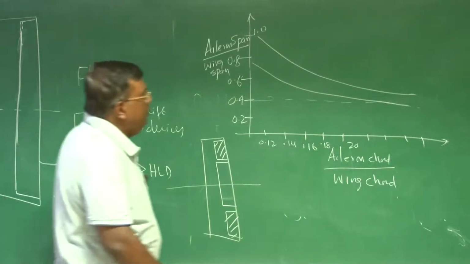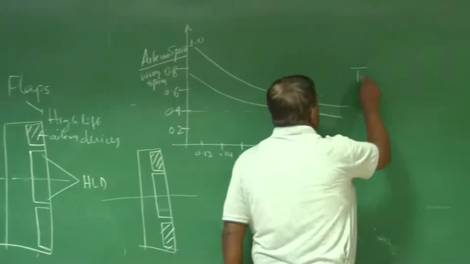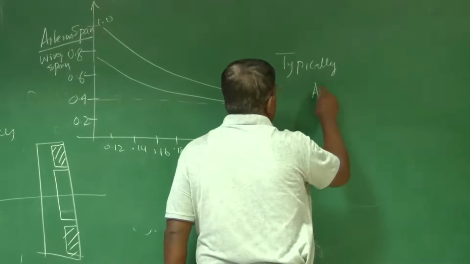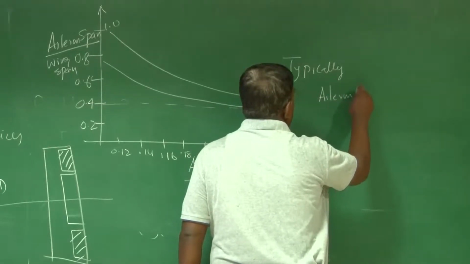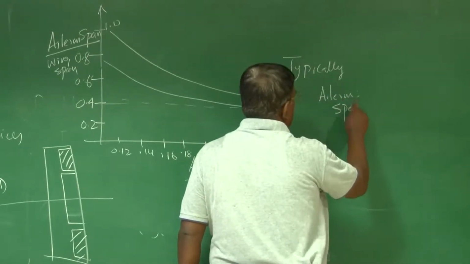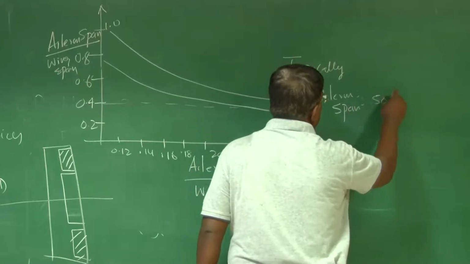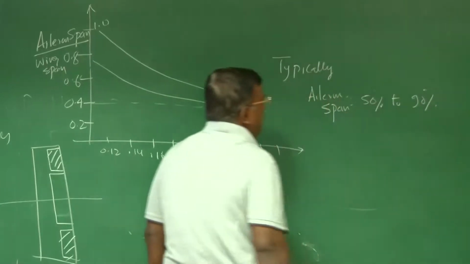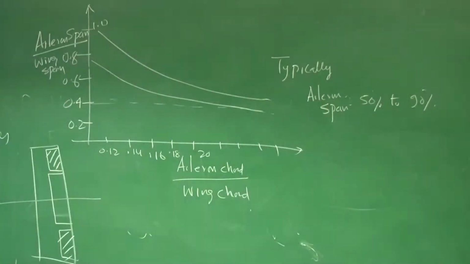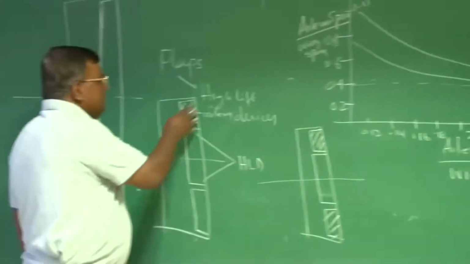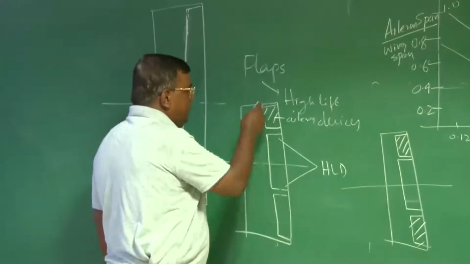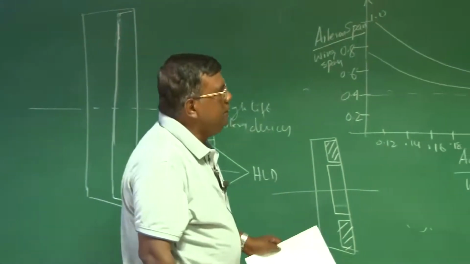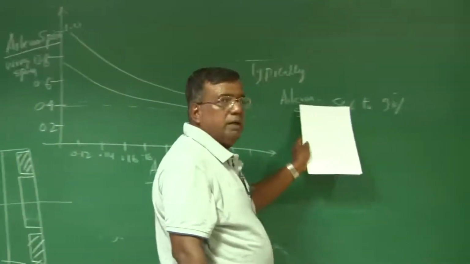And typically you will find aileron span will be 50% to 90%. When I say 90%, you can easily understand that means there are no high-lift devices, right? 5% left here, full is aileron. But when I am using flap, you are closer to 50%.